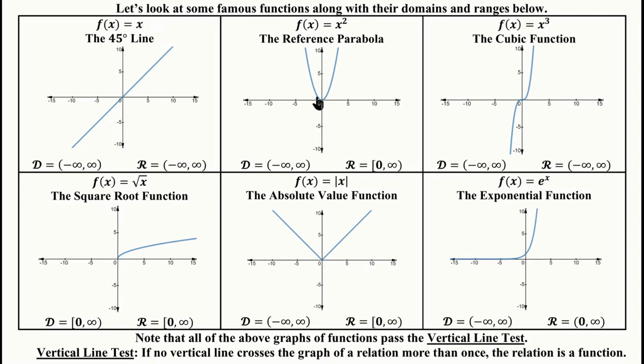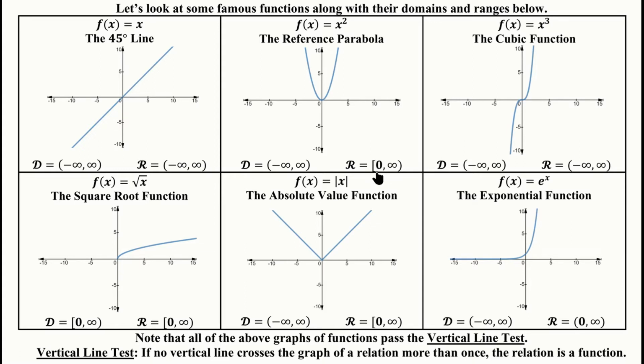So the y values associated with this graph, the y values that actually are used in the ordered pairs that create this graph, are all numbers from 0 and up. So the range actually becomes just 0 to infinity, the half open interval.